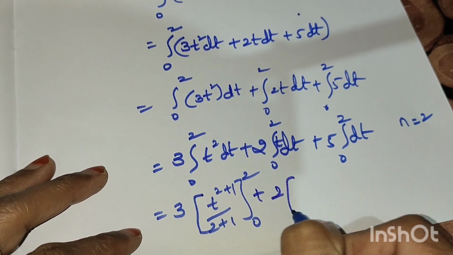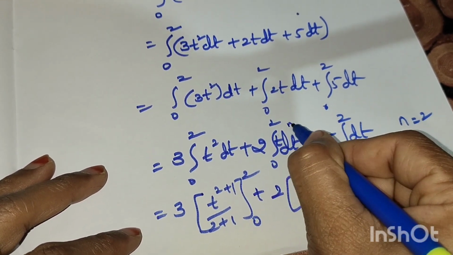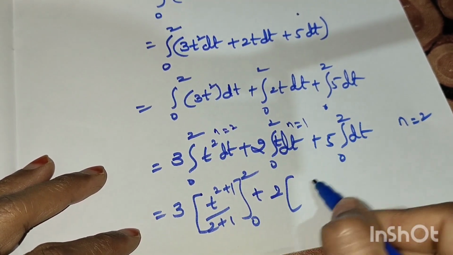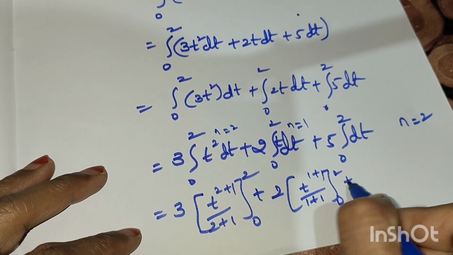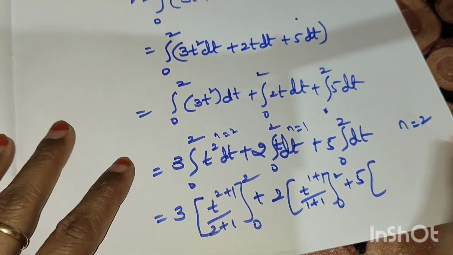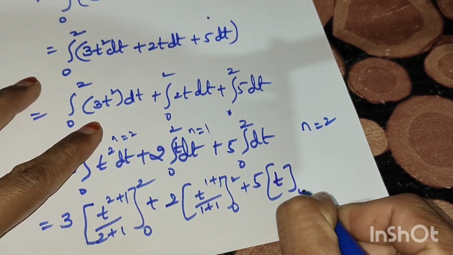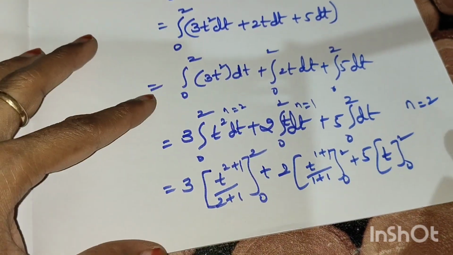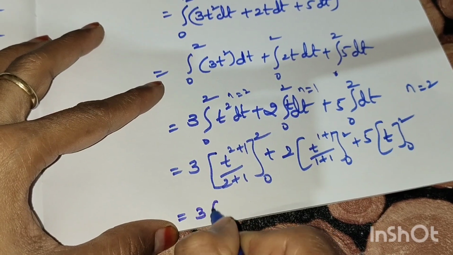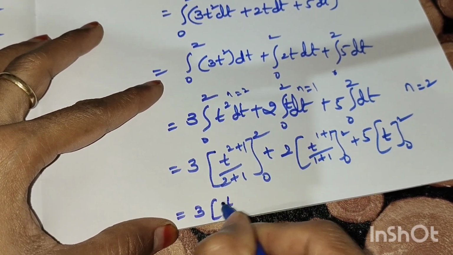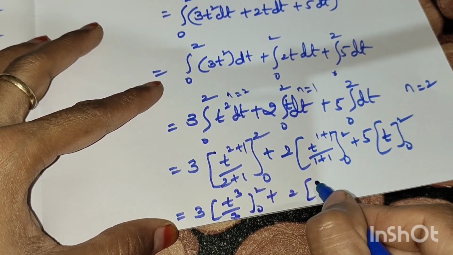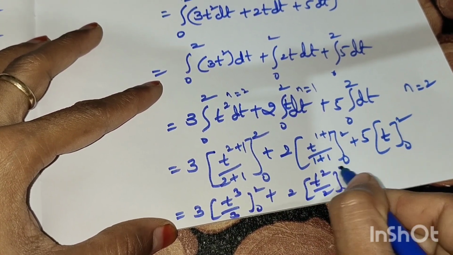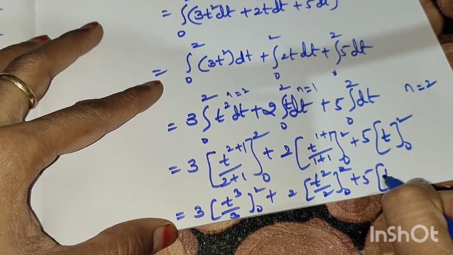Plus 2, in place of n we have 1, so t^(1+1) by 1+1, 0 to 2, plus 5 into the integral of dt, whose value is t, 0 to 2. Now we are going to apply the limits. 3 t^(2+1) is t cube by 3, 0 to 2, plus 2, 1+1 is 2, t square by 2, 0 to 2, plus 5t, 0 to 2.